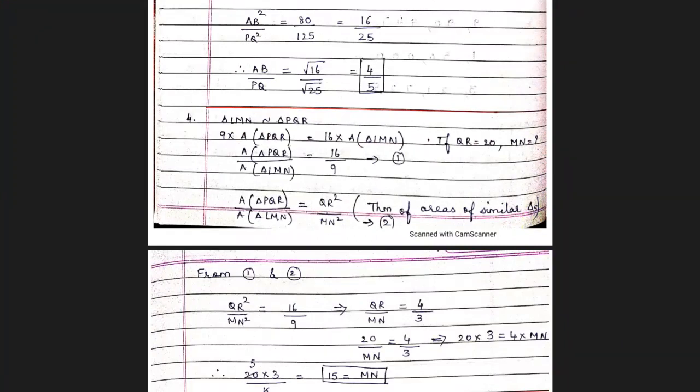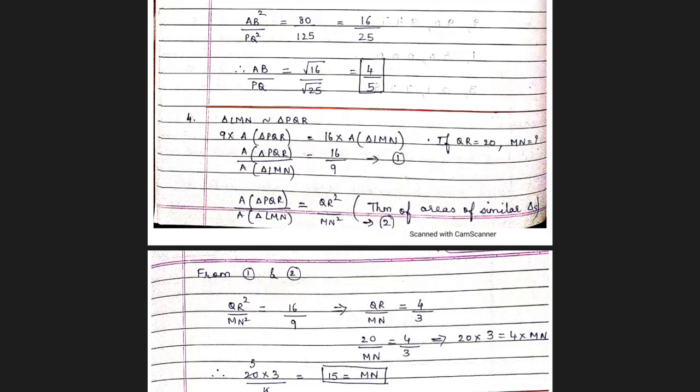Now we know area of triangle PQR upon area of triangle LMN is equal to QR square upon MN square according to the theorem of areas of similar triangles. Now if I consider the second statement as equation number 2, from 1 and 2 what do I get? Since the left hand sides are equal, I will equate the right hand sides. So QR square upon MN square equal to 16 upon 9.